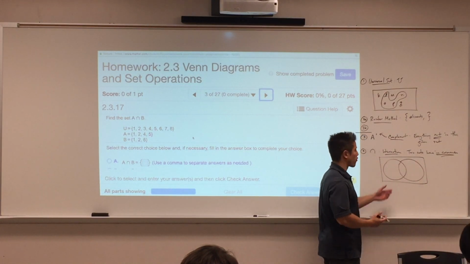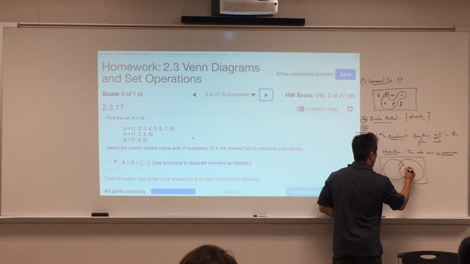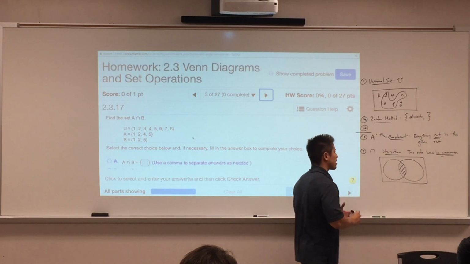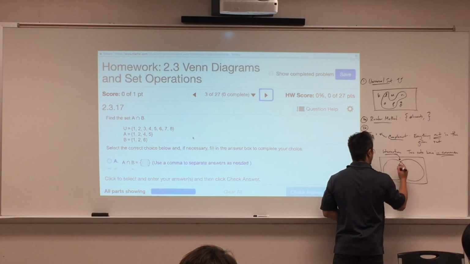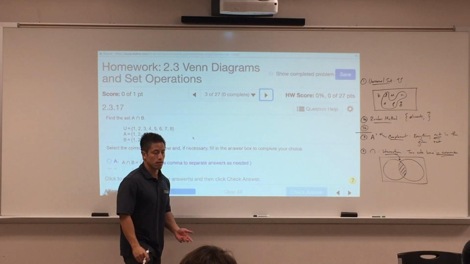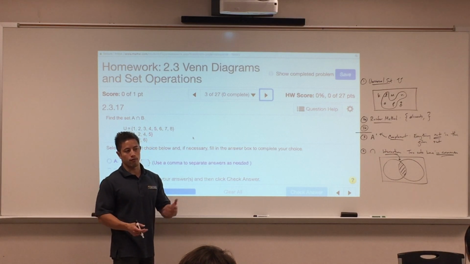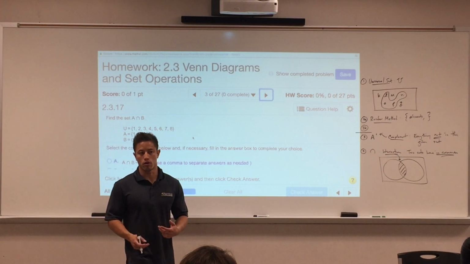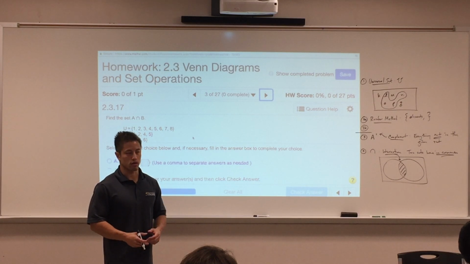They have elements from within the universal set, and what they share in common is the intersection. This spot right here where they overlap is known as the intersection. In other words, if you and I were looking at our commonalities, that would also be known as our intersection.